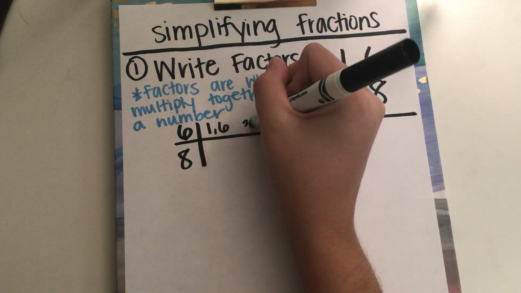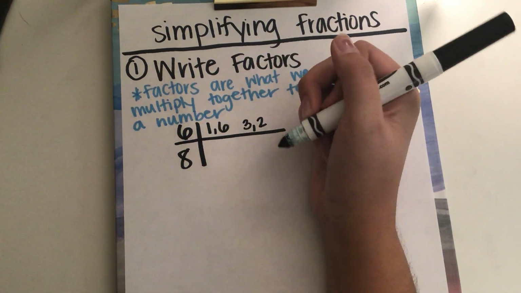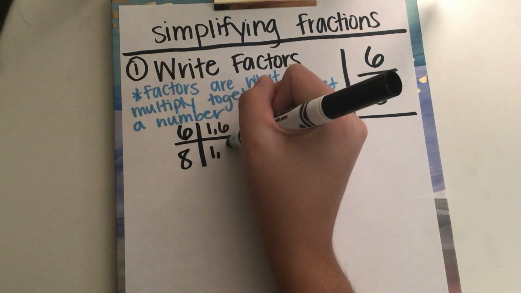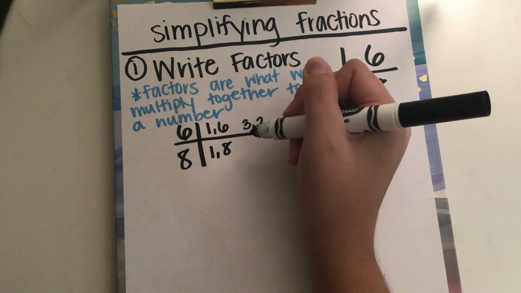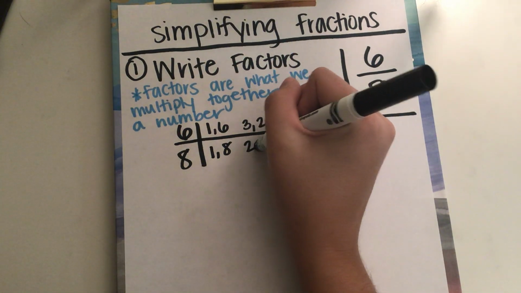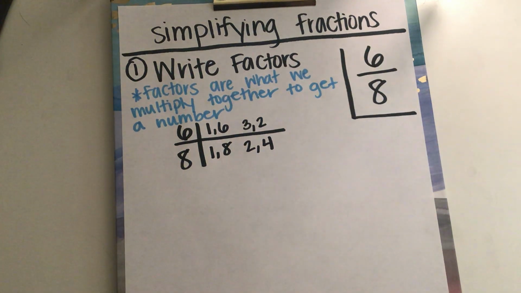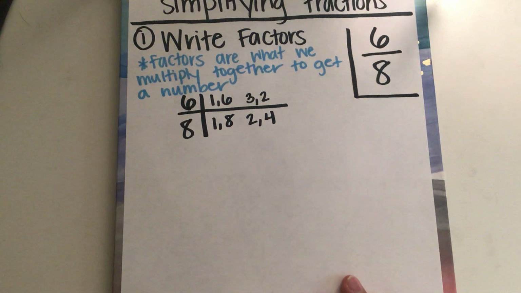And I know that 3 and 2 are factors of 6 because 3 times 2 equals 6. For 8, I know that 1 and 8 are factors of 8 because when I multiply them together, I get 8, as well as 2 and 4. So step number 1 is to write our factors, and it's really easy if we set it up in this T-chart. I'm going to move it down just a little bit to make room for my next step.